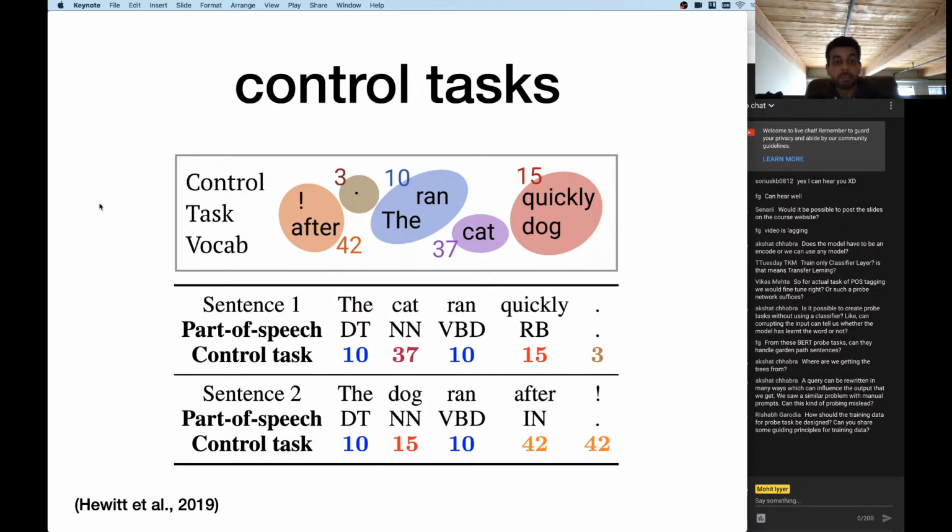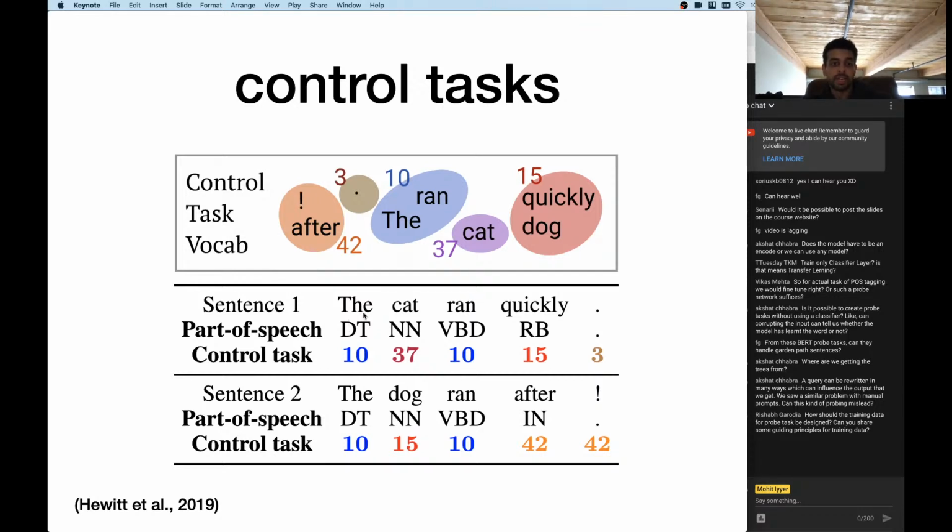This paper proposed the idea of control tasks to balance the probe complexity as well as the performance of the probe task. To explain this concept, let's say that we are designing a probe for part of speech tagging. Given a sentence, we want to know whether the final layer representations of each token encode the part of speech of that token.